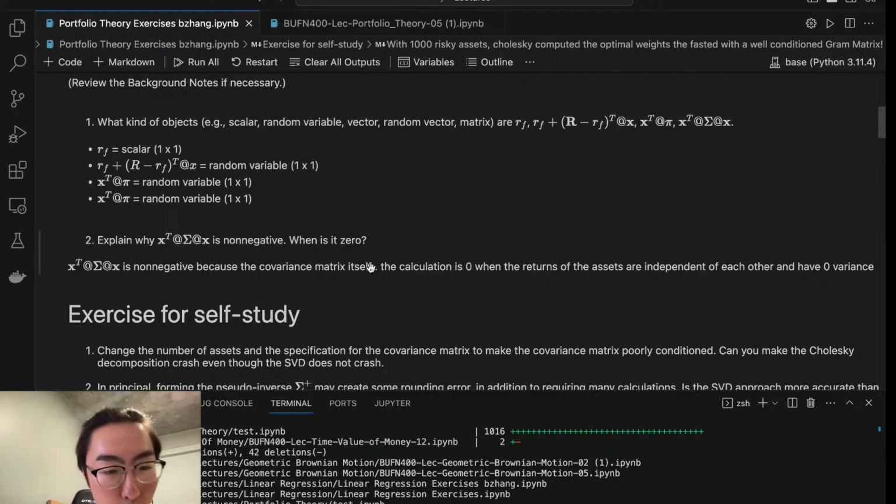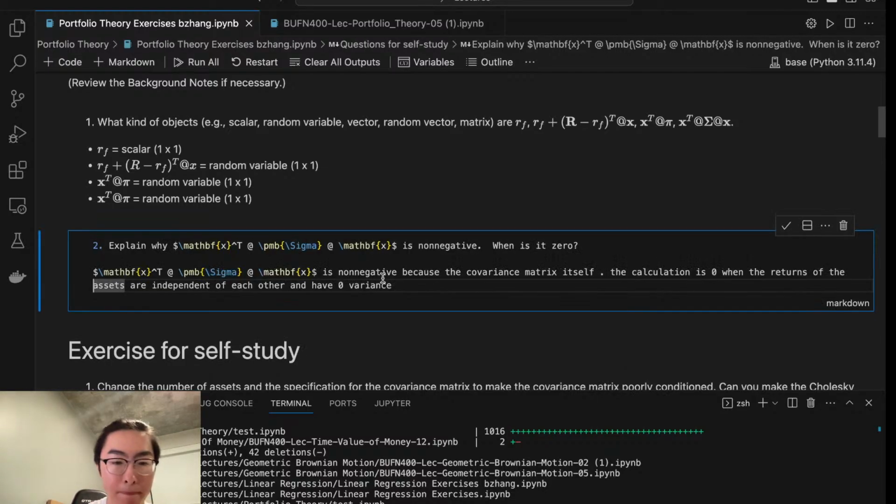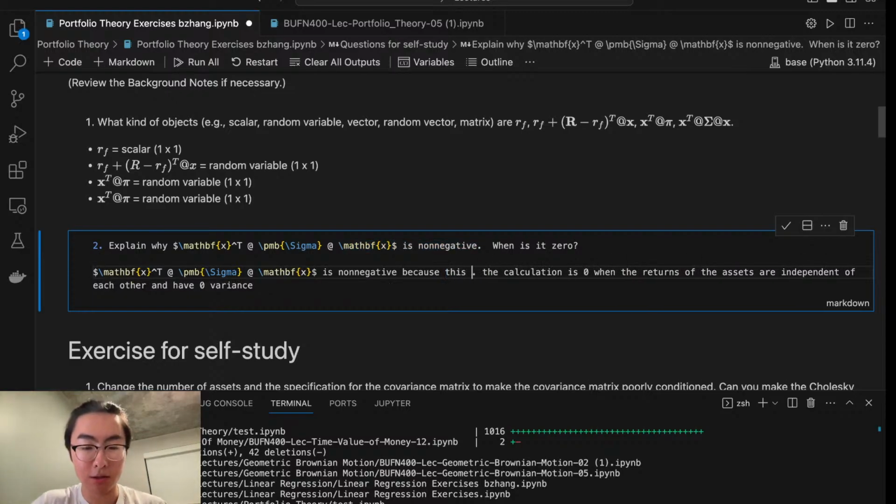Because this is a number that represents the variance of the portfolio.